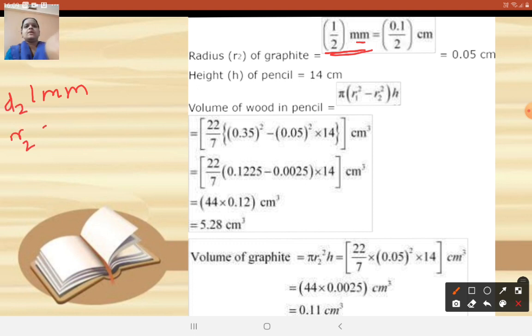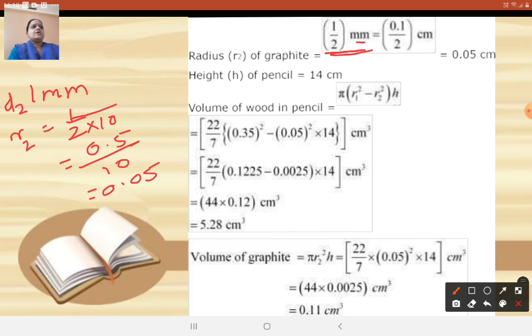So r2 will become 1 by 2 and convert it into centimeter. So divide by 10 again. So here 1 by 2 value is 0.5 by 10. So it will become 0.05. So therefore you can see the r2 value as 0.05 centimeter. The next, the height is given as 14 centimeter.